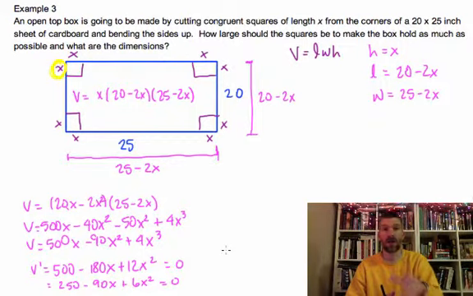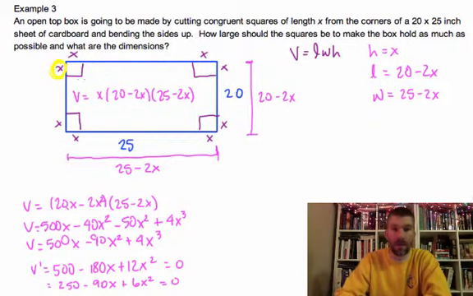Now, let's talk about values of x that we can use. Think about this real quick. When I cut these x values out of my rectangle, I can, in theory, cut all the way to the center of a side. But I can only cut to the center of the shortest side, and then I run out of room.